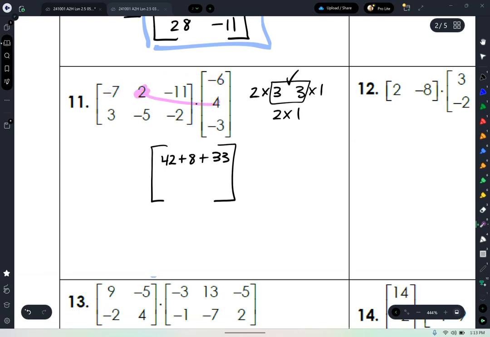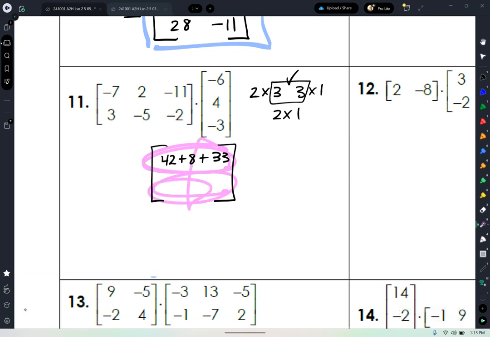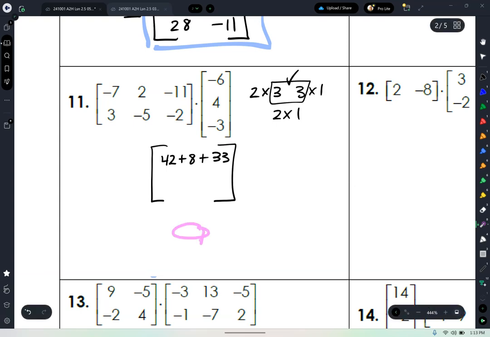Second element in the row times second element in the column. Third element in the row times third element in the column. And so this is going to be the result of that, which is going to bring down just one more item, 3 numbers here. And that'll end up being another column matrix with a number and a number like that. Okay? All right, you finish it, and then we'll take a look at the answer.